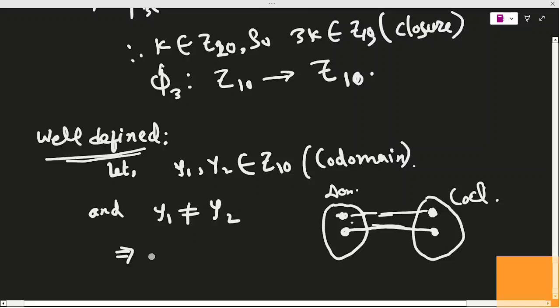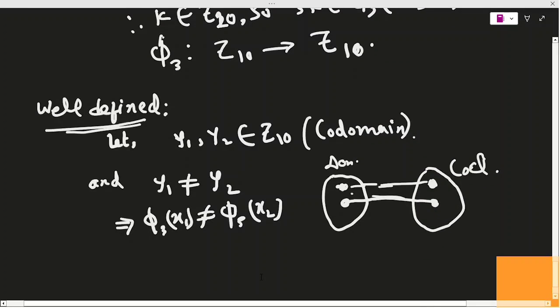If y1 is the image of x1, then it will be phi 3 of x1 not equal to phi 3 of x2, where x1 and x2 have images y1 and y2. So it cannot be that x1 is equal to x2.